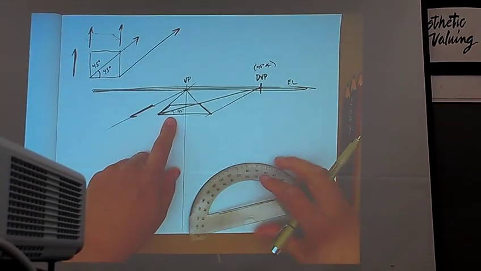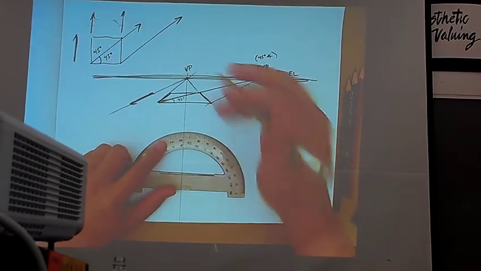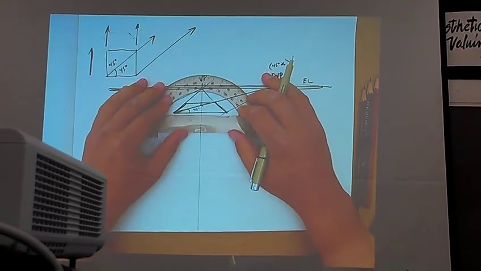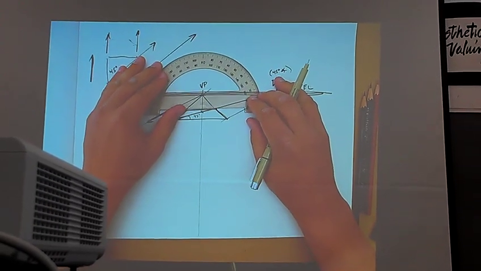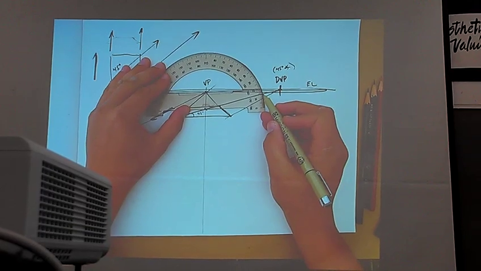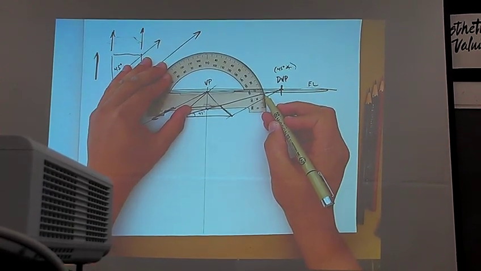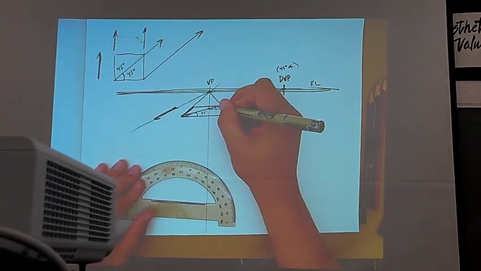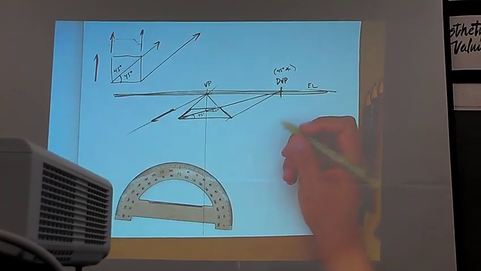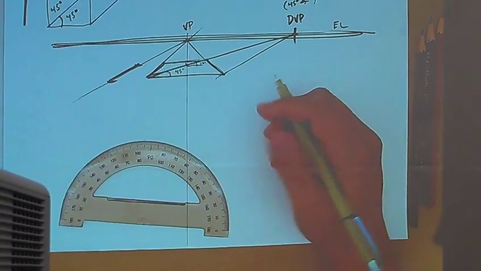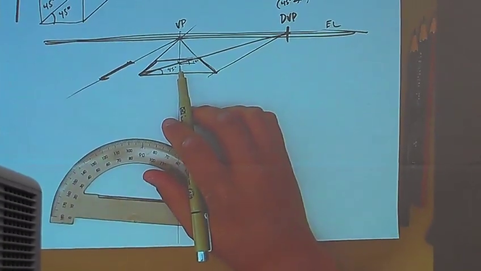This is a 45-degree line, but right here where it crosses that line, it's about 14 degrees. So this is actually about 14 degrees, in terms of visual reality, if we flatten it. But we know it's a 45.